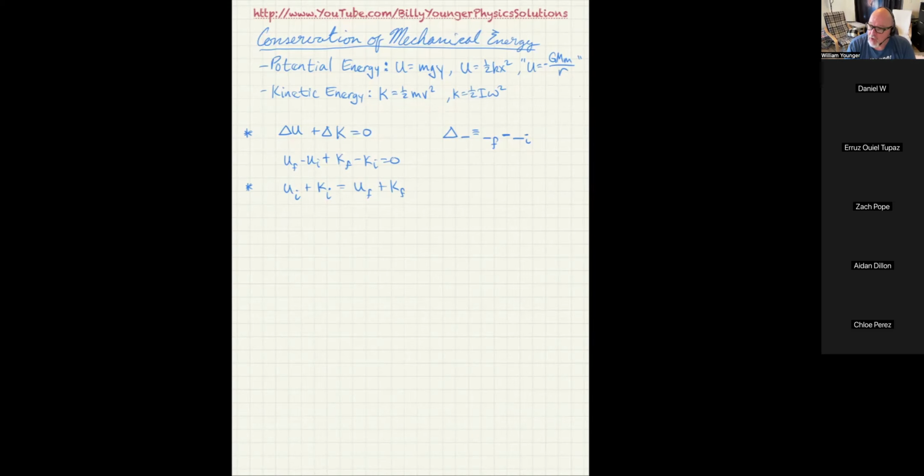Now, you can also deal with conservation of energy, even when you're dealing with some forces that are what we call dissipative forces, or non-conservative forces.